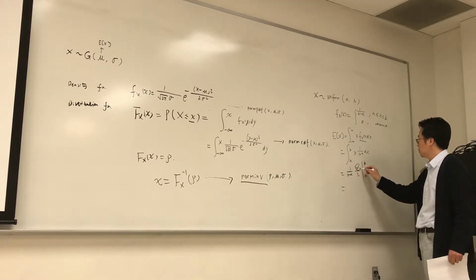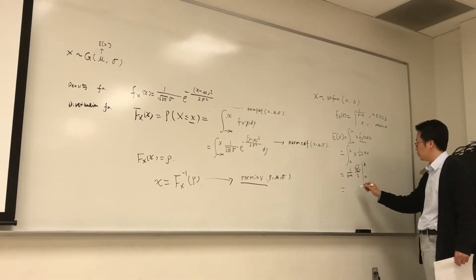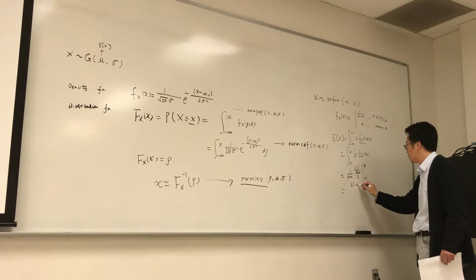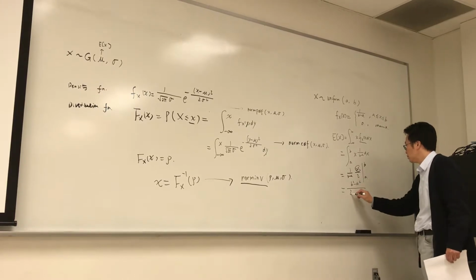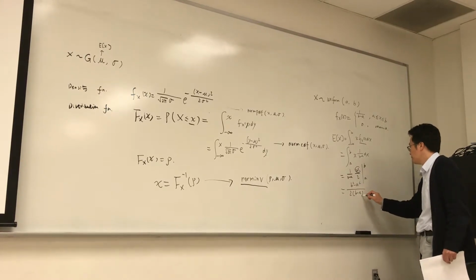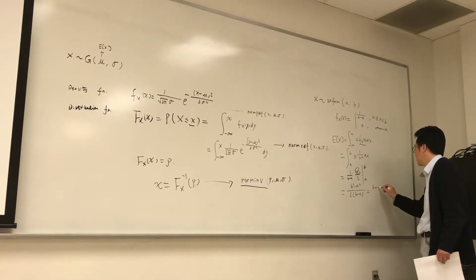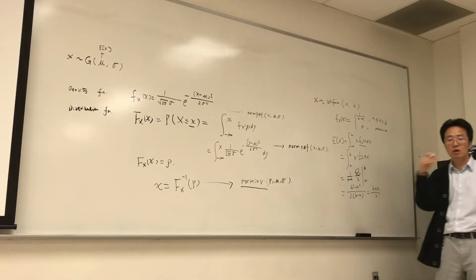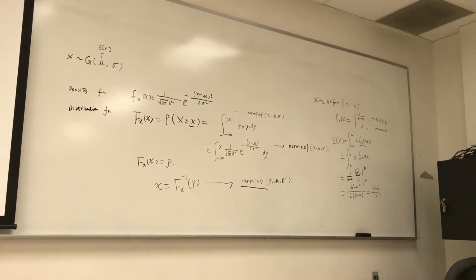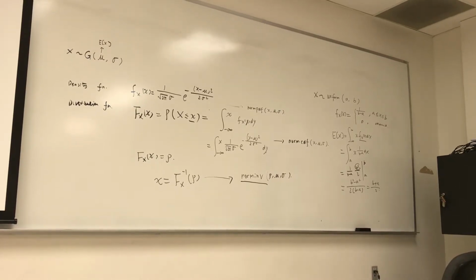And obviously this will give us what? x squared, evaluated from A to B, gives us what? B squared minus A squared, and times 1 over 2(B minus A). Gives us what? B plus A over 2. In other words, the mean value will be the middle of this interval. This also makes sense, right?